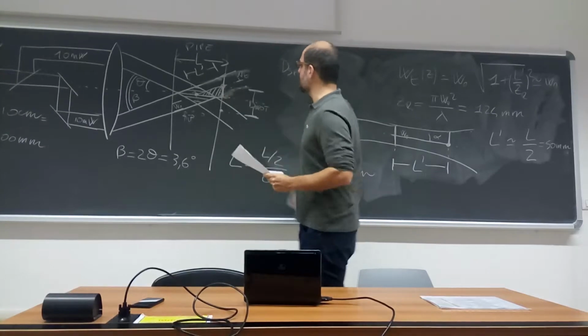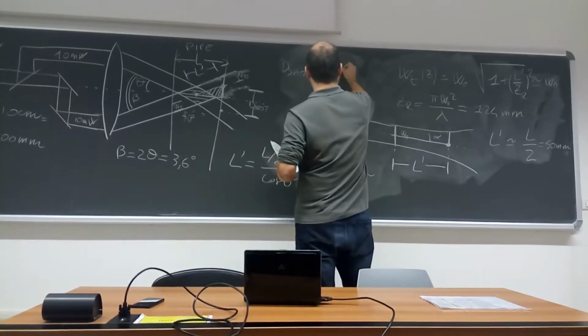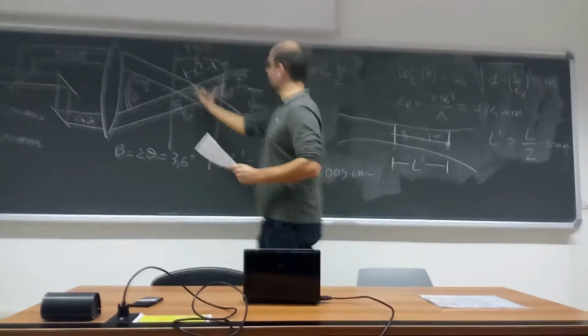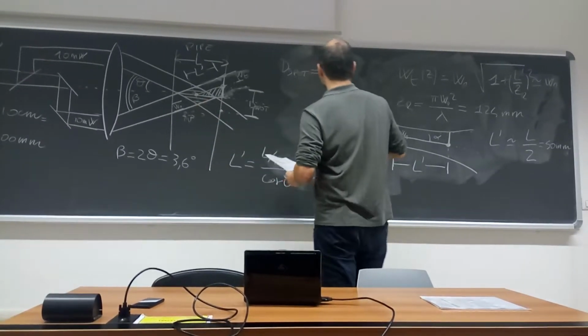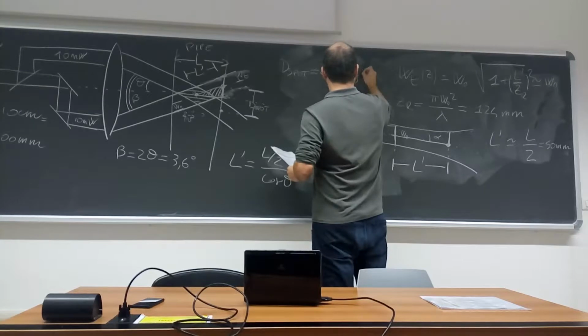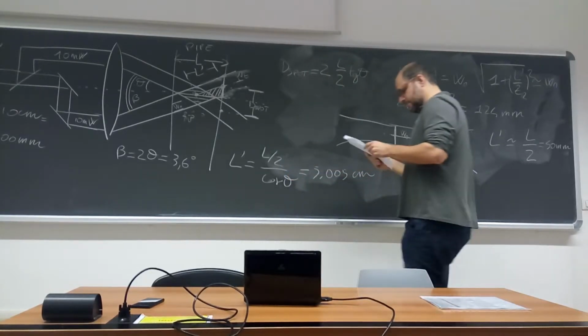And this quantity is half of the width of the pipe multiplied by the tangent of theta.